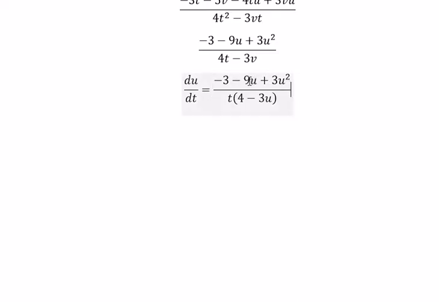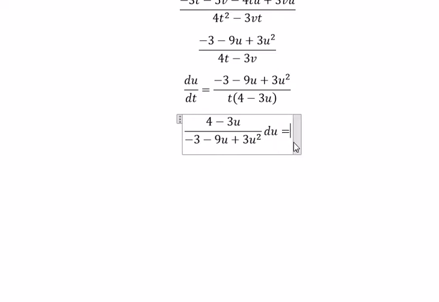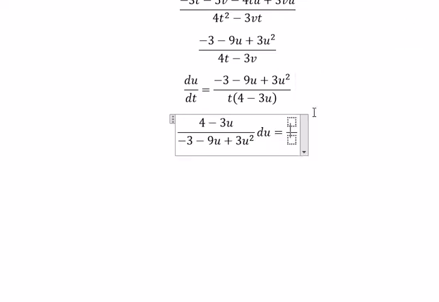Now we put this one to this one, and dt goes to the right. So you get 4 minus 3u, negative 3, negative 9u plus 3u squared, and we get du equals dt over t.